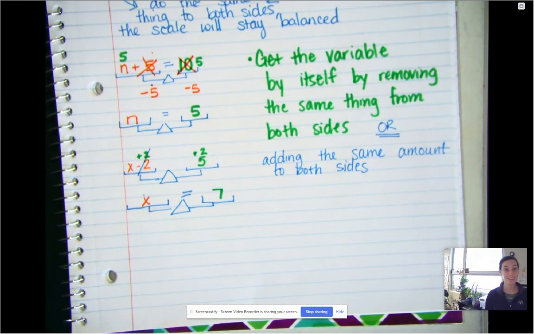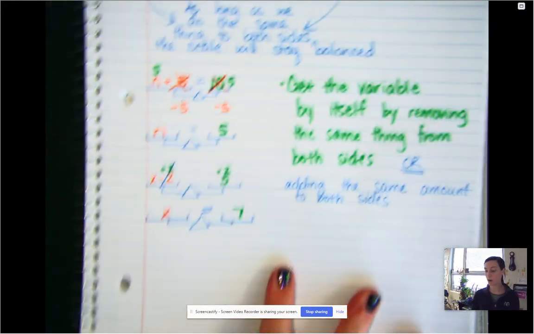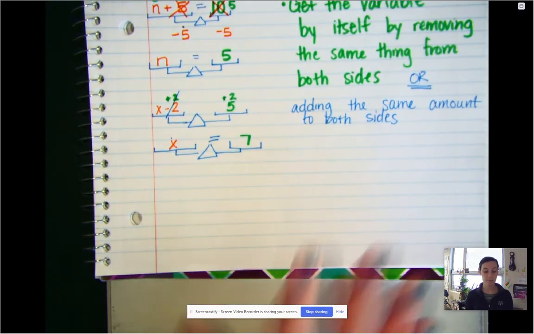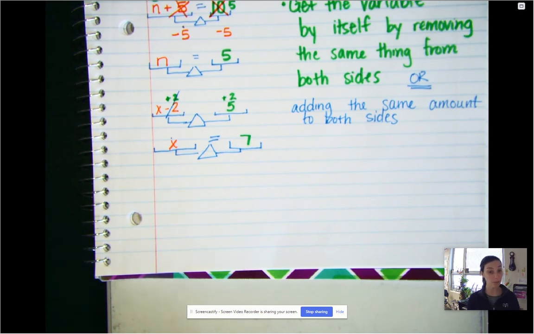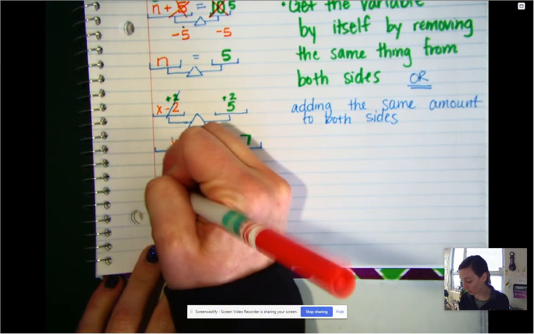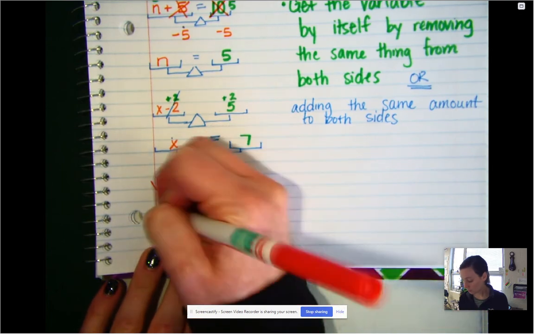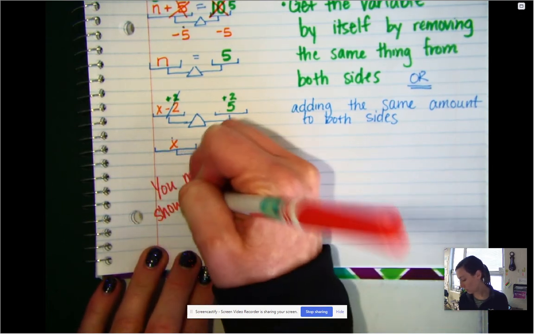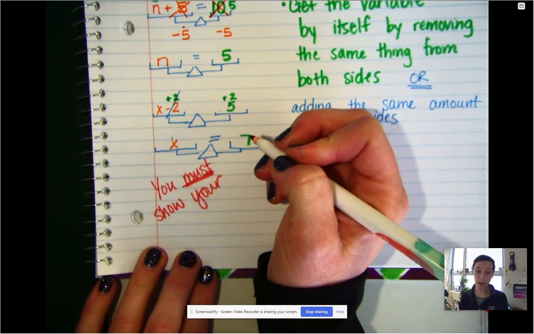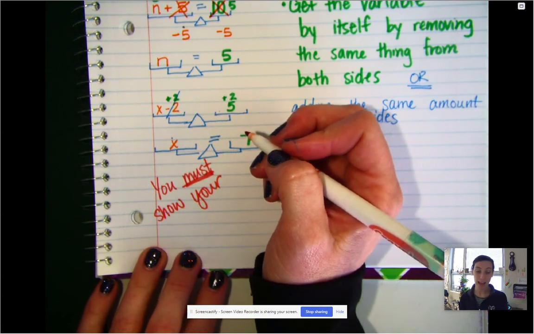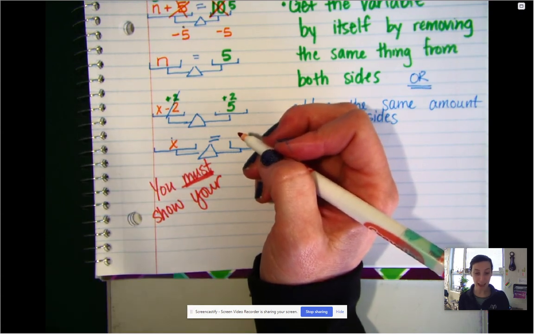Now, there's a part of this that really stubborn mathematicians have a hard time with, and that is that you must show your work. Having been through all the way up through college calculus, I'm telling you that you're building a habit that you will need in the future.